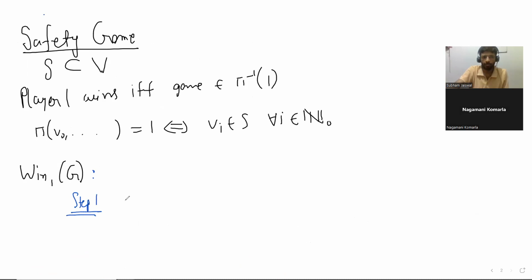Step 1 is S is given to you, right? So you take this. And step 2 is play reachability for player 0.